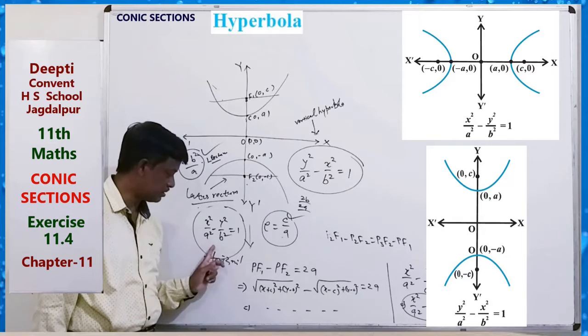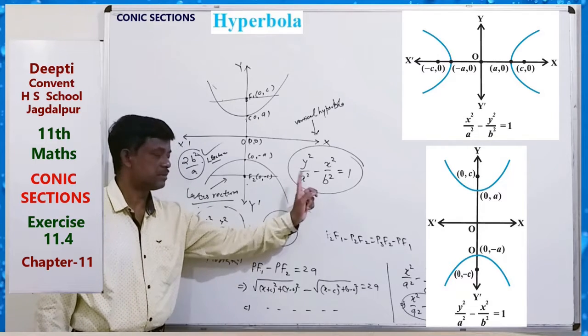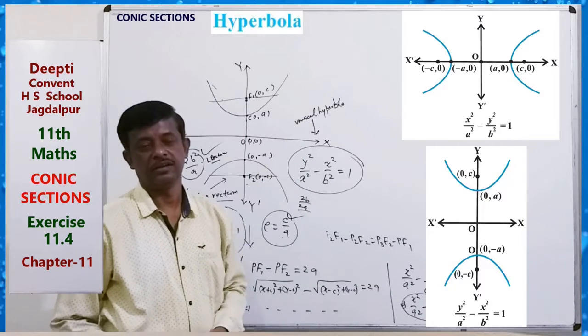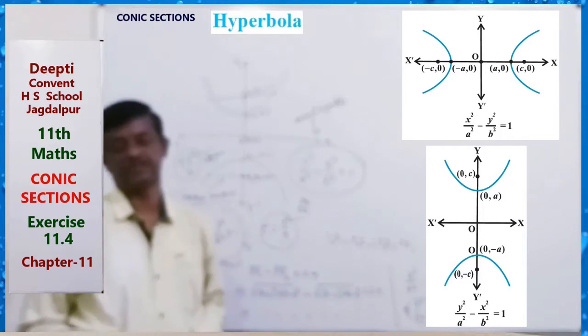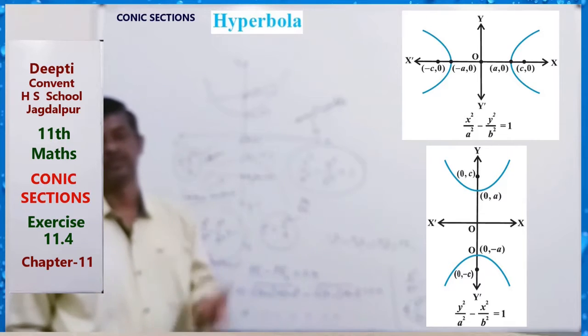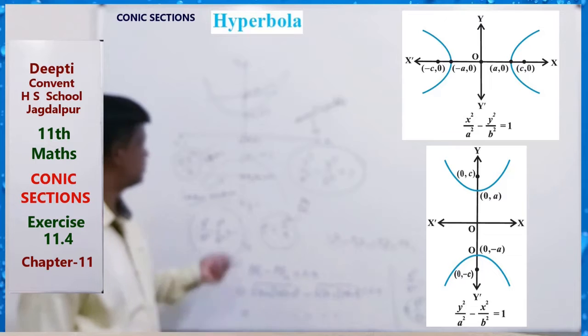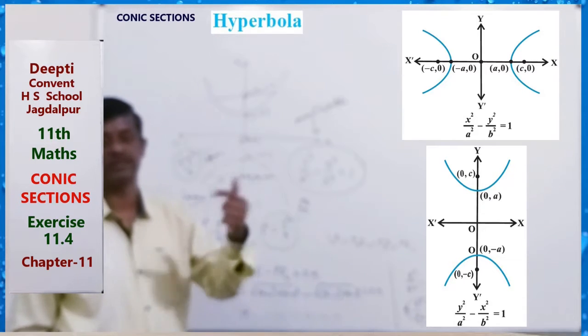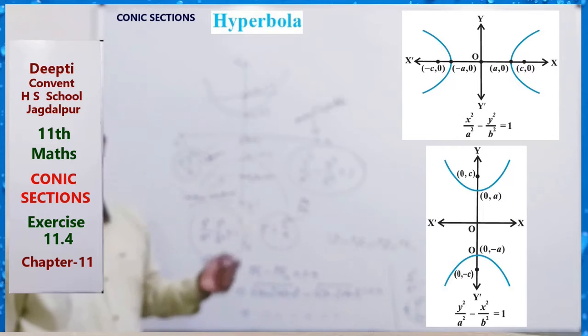Here the transverse axis is along the x-axis, here along the y-axis, so in the diagram it is also clear. In the questions, the equation will be given and we have to find all the constants, like foci, vertices, axes, length of latus rectum, eccentricity, etc.